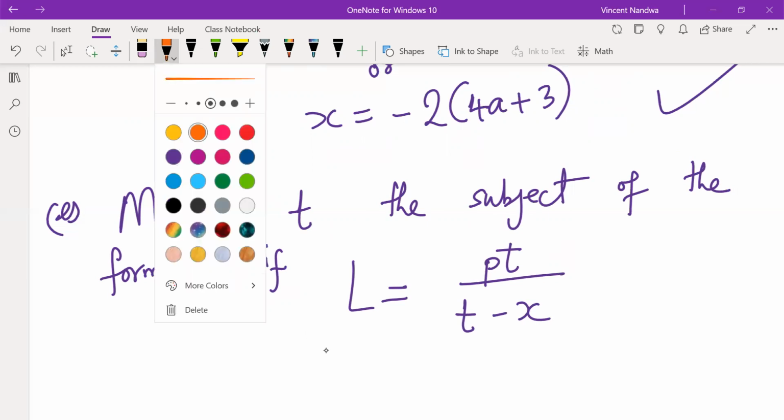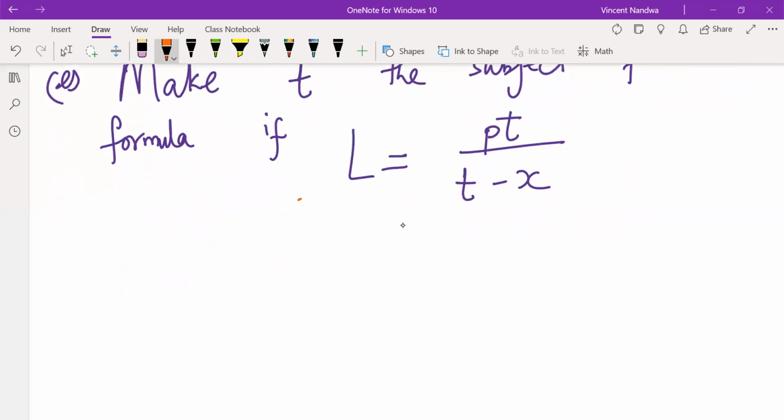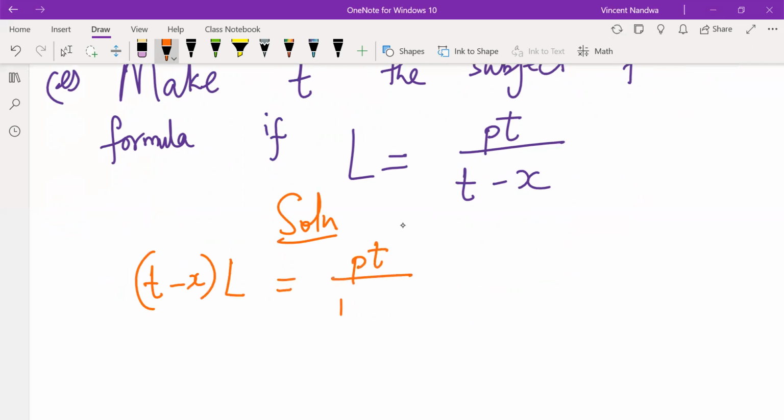Now to solve this, first multiply both sides by the denominator. So we'll have t minus x multiplied by L equals to pt over t minus x multiplied by t minus x.